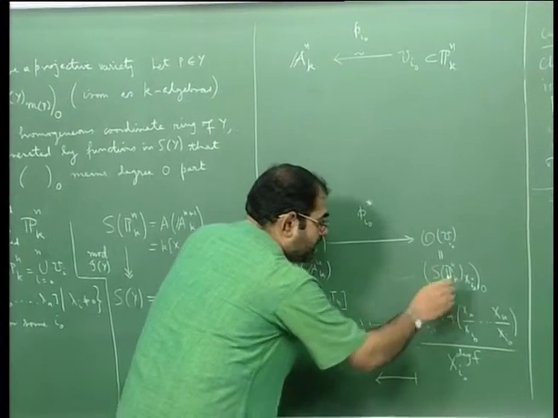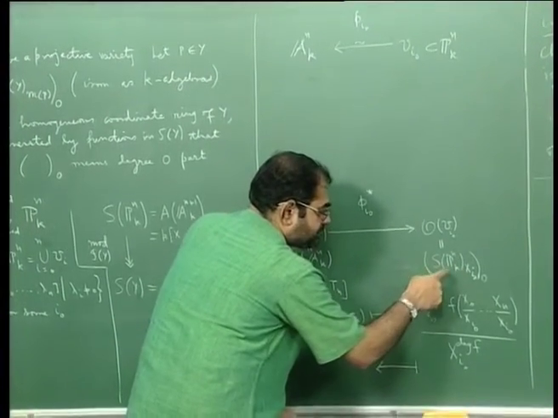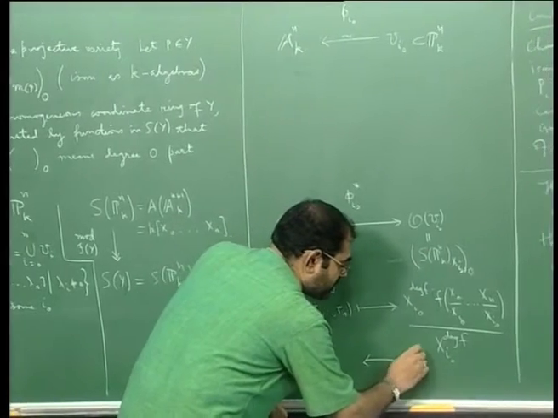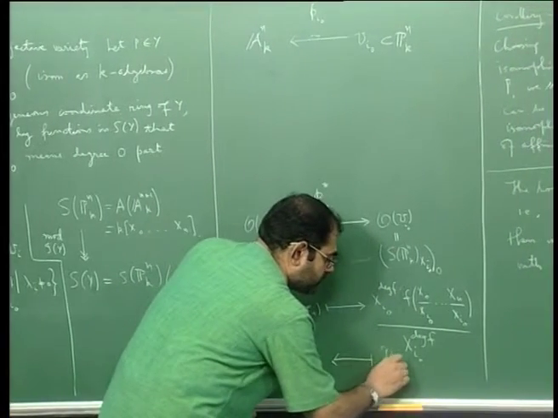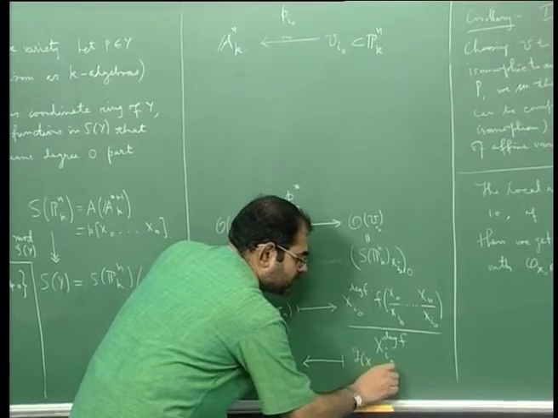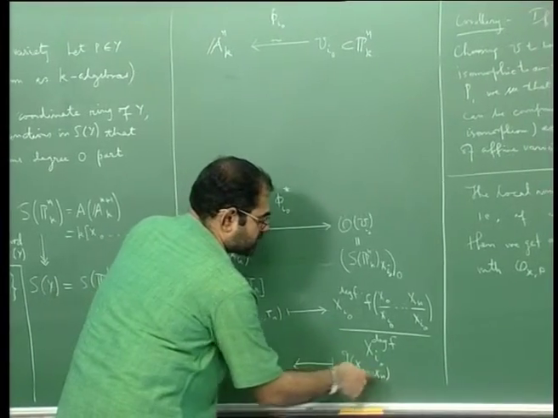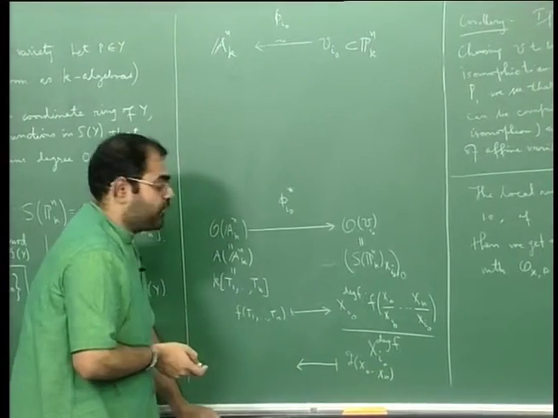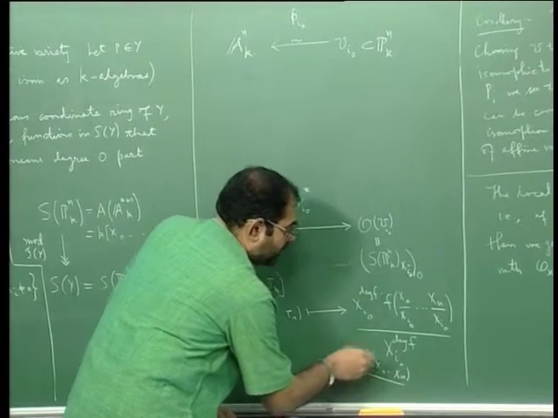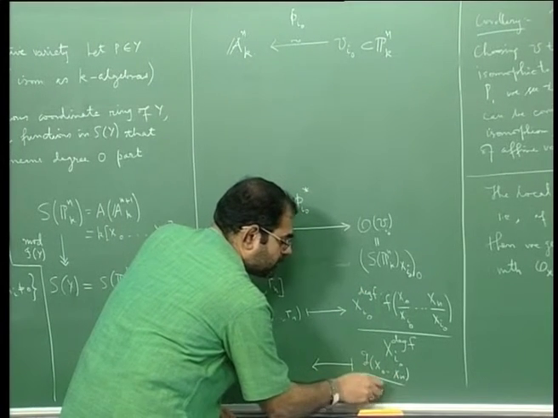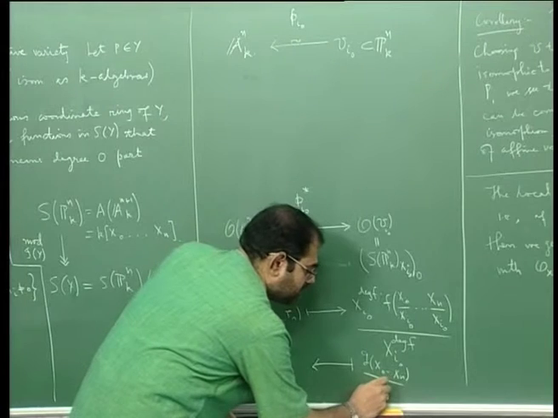If you give me any element here, it will be of the form g of x0, etc., xn, a homogeneous polynomial of a certain degree, okay, divided by x_i0 to the degree of g.